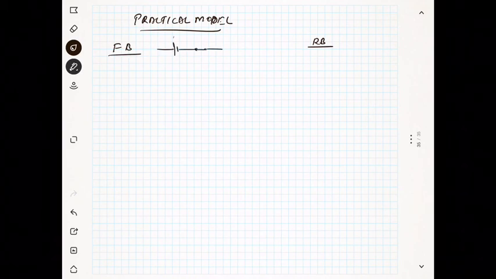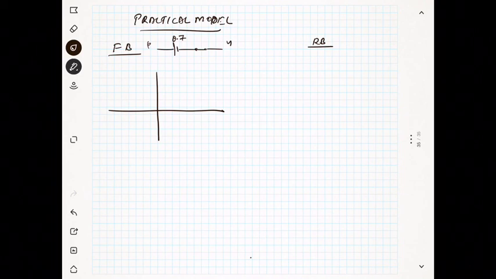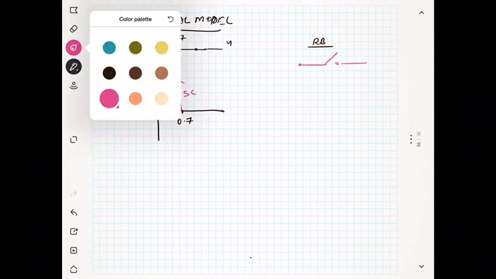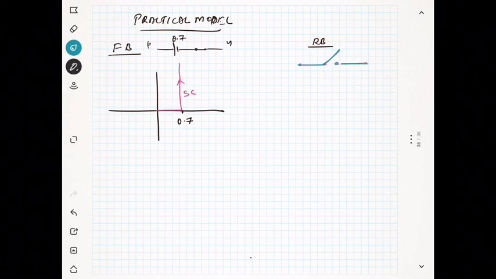This is P and this is N. So the current will conduct only if you give a positive voltage of 0.7. Till 0.7 there is no current, and then the current goes high, like a short circuit. And in the reverse bias, I told you it's an open circuit. That means no current, so the current is 0 in the reverse bias. Okay, this is the situation.